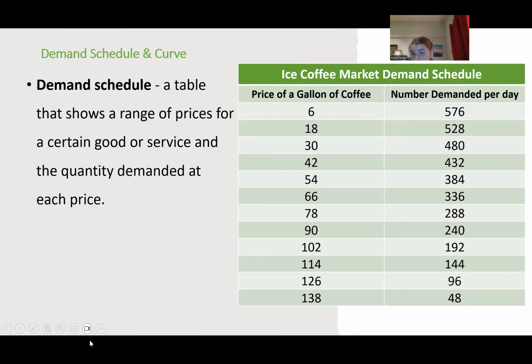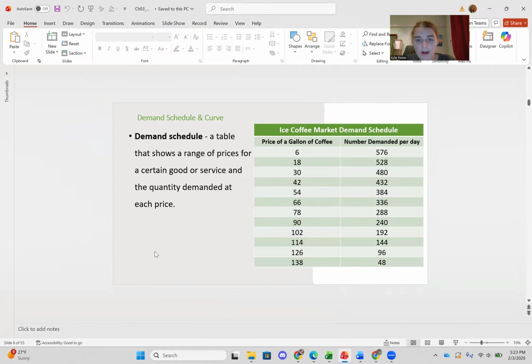A demand schedule, just like we did with budget constraints, is just this table visualization of it. So if we wanted to graph something like this, we would go over by our price and up by what we have for, here we go. So if we wanted to draw this out, we might draw something like this.